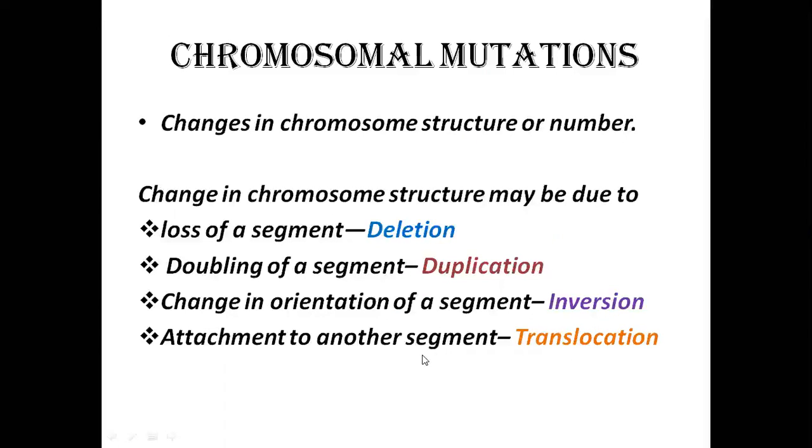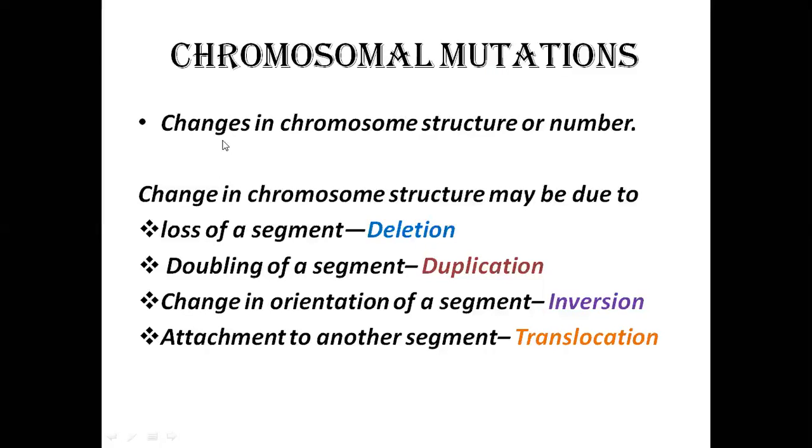The breaking of 2 segments from 2 different non-homologous chromosomes and joining them to the other chromosomes, we call translocation. So this was basically changes of chromosome structure.